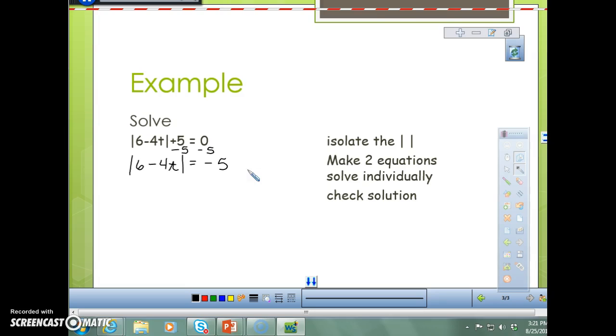All right, we're going to make 2 equations individually.